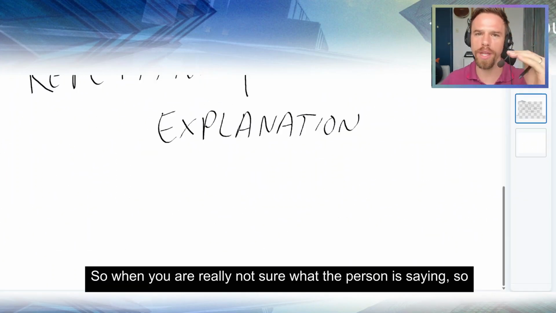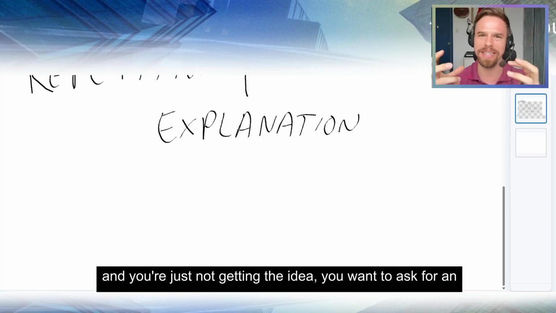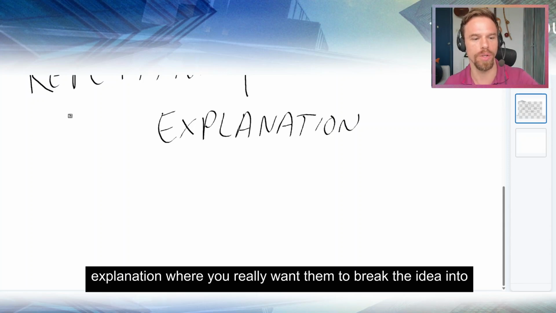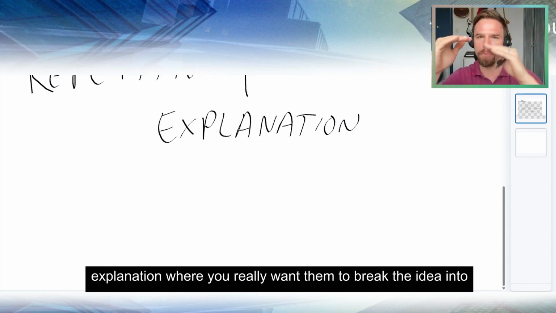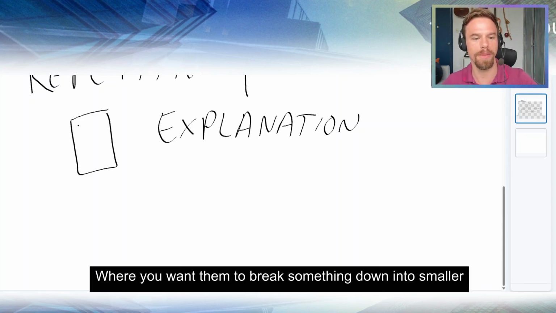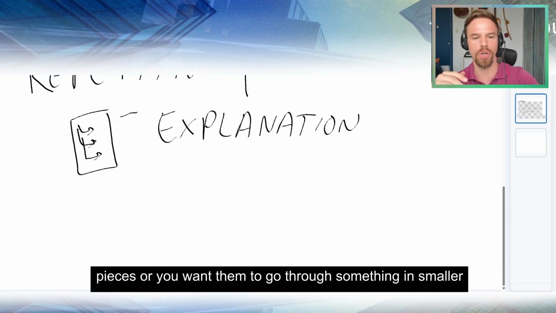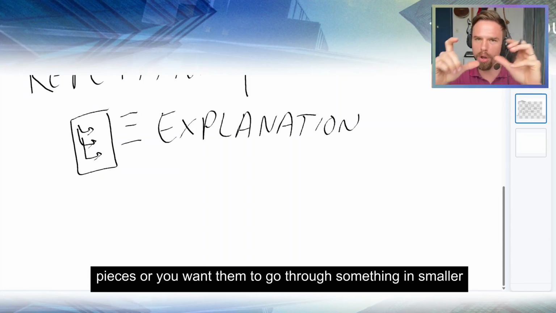explanation. So when you are really not sure what the person is saying, so they've repeated what they've said, and you're just not getting the idea, you want to ask for an explanation, where you really want them to break the idea into different components, perhaps, or go through something in smaller chunks.